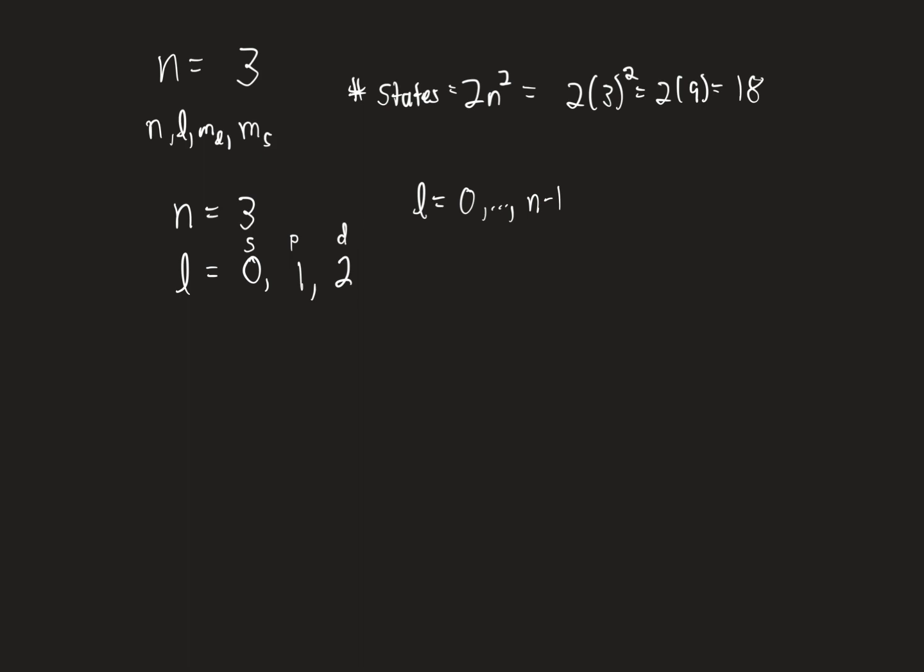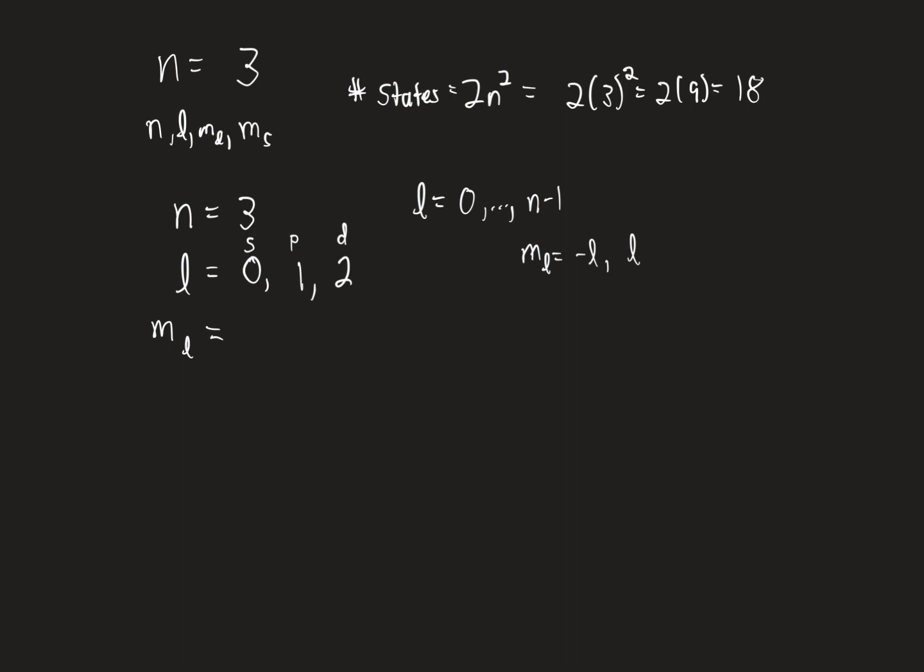Now I also need my M sub L's. Okay, what M sub L's can I have? What's the rule for M sub L? Negative L all the way up to positive L. Okay.